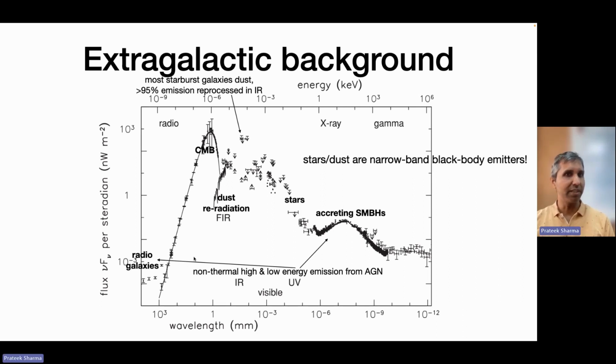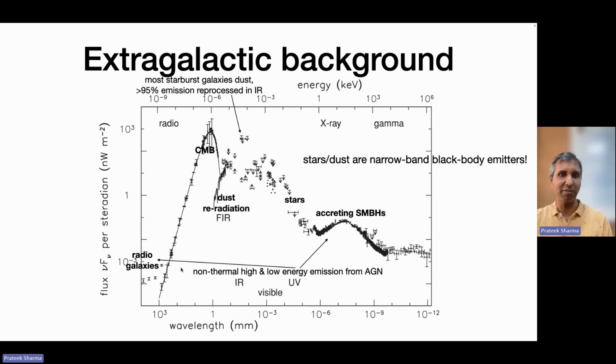Then there is the CMB. CMB is the highest energy density of all the radiation components. This has to do with cosmology. And then there is radio and this gamma ray and X-ray emission that's dominated by AGN. So you see there are essentially 3 totally different sources of this broadband radiation that we see.